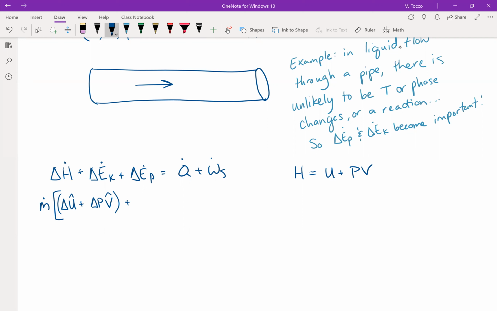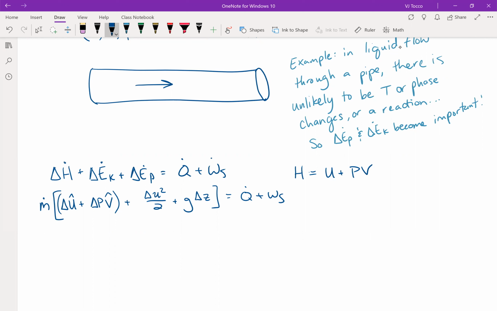Plus, remember the kinetic energy is 1/2 m u squared. And if I factored out the m, it's going to be delta u squared over 2. And potential energy is mgh. So if I factor out the m, I'll be left with the g, and the delta part comes in with the change in height. So that's the left-hand side.